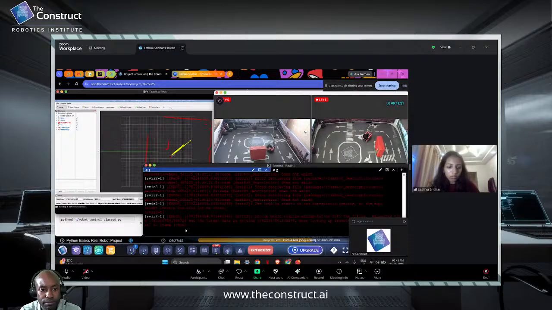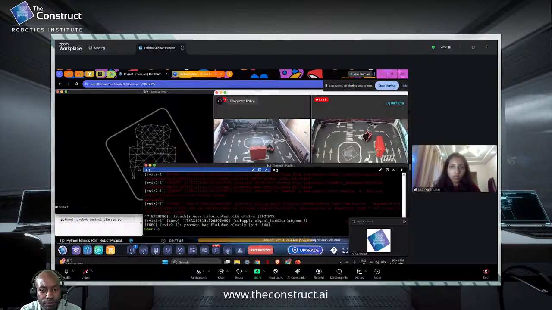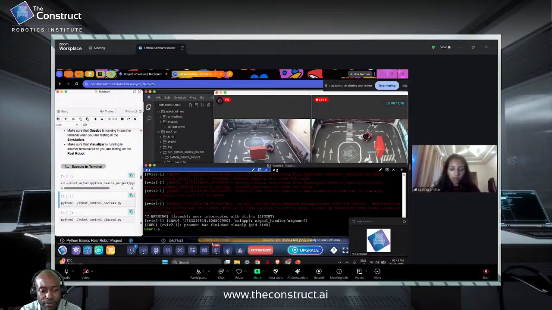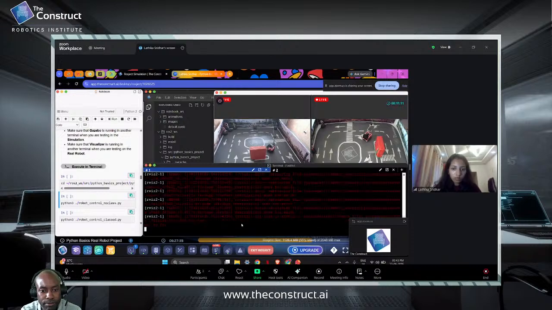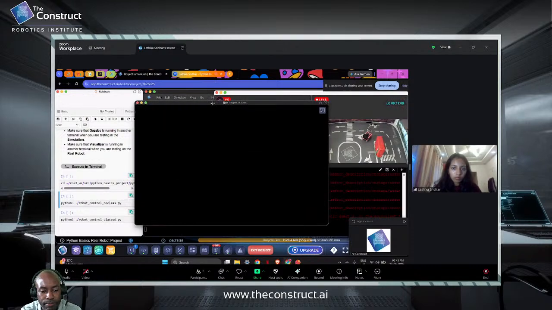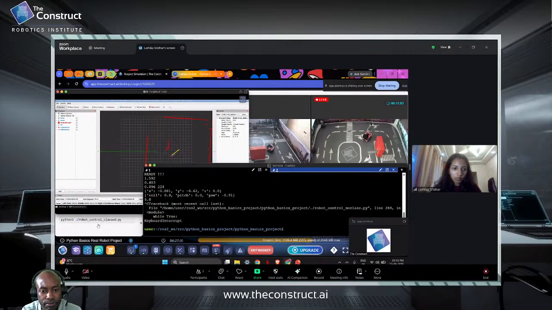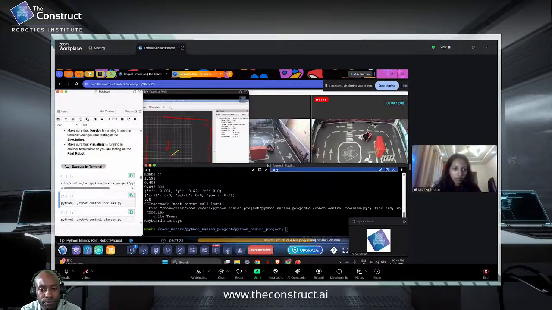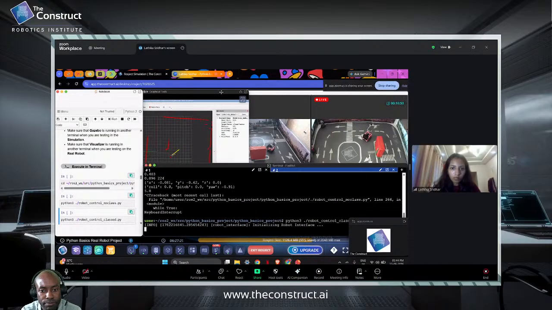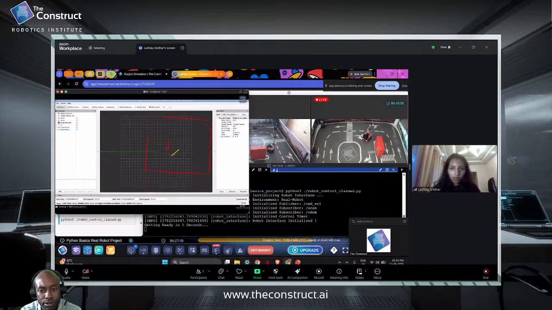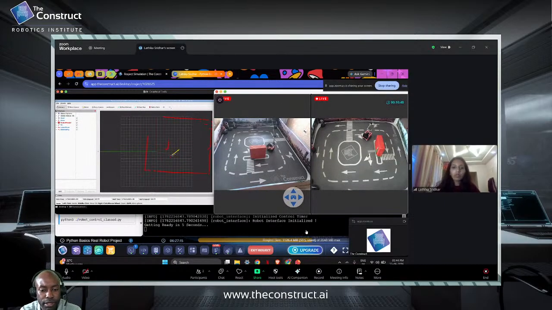So I just launched this simulation thing again. So this one is the one that is supposed to have an obstacle avoidance implementation, right?